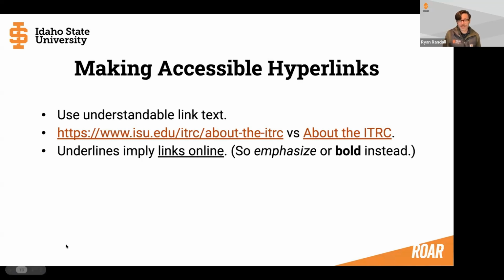But if you'd printed this out on paper, your students might easily assume that the words links online should work as a link. So it's best to avoid underlining when you're writing online. Instead, italics can be used for emphasis, or use bold instead. Those are some of the best principles for making accessible hyperlinks.